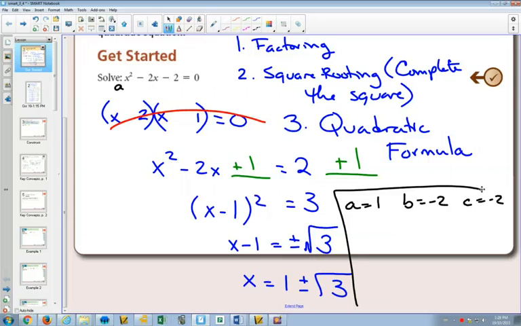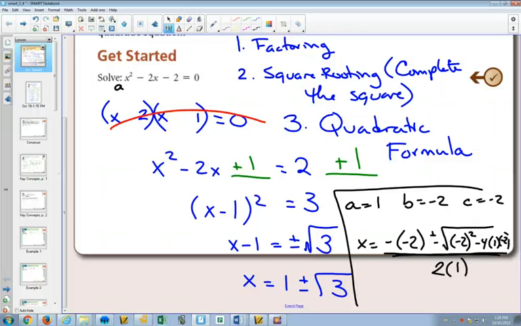So to solve it using the formula says negative b, so you plug in negative 2 where the b is, plus or minus square root of b squared minus 4ac. Just plug those numbers in, all over 2 times a.